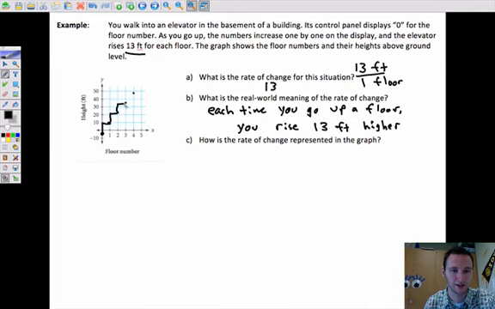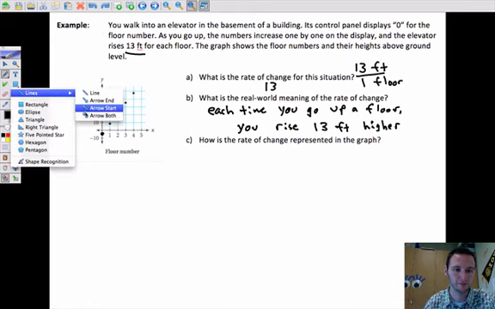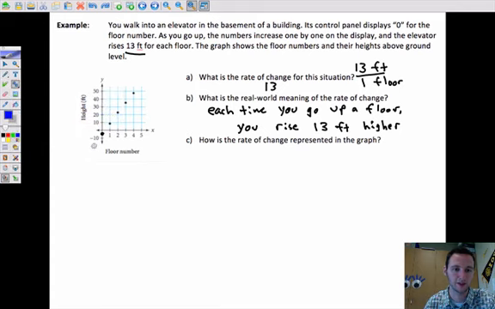Rise 13 feet if I go up one more floor, and the same, you go up another floor, you rise 13 more feet. Okay, and so that's why if I get rid of all those little stair steps, it makes a nice straight line here. And if you go back to our definition of linear, that's one of the things that we said about linear, was that it's a straight line relationship.